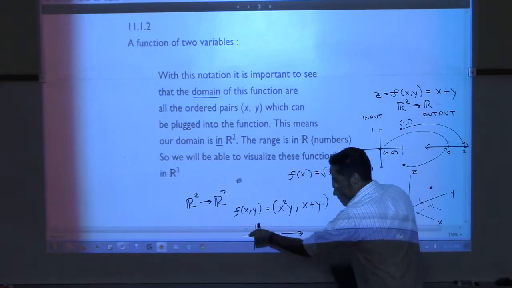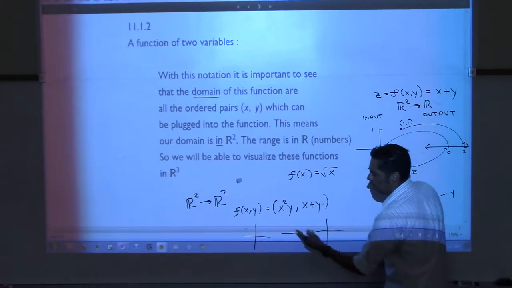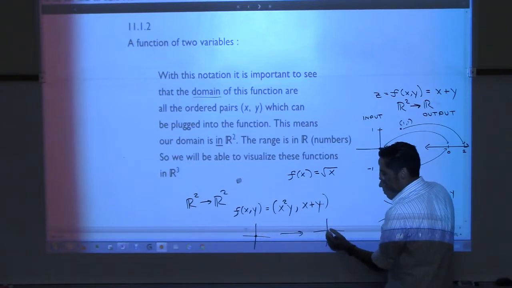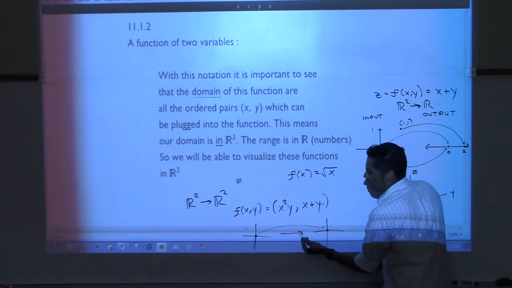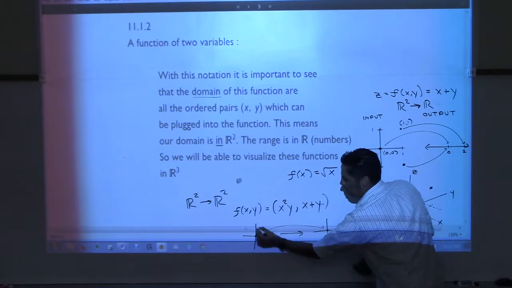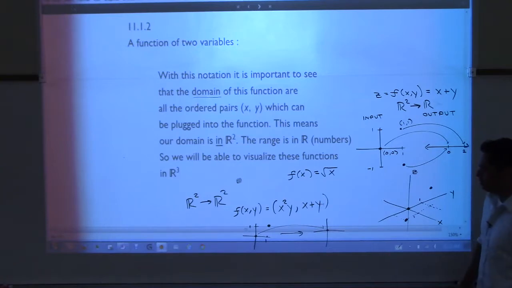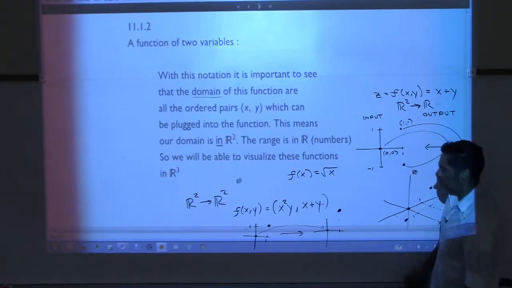And the output goes to R2 also, right? Like for example, if I plug in 0, 0, it's going to spit out 0, 0, isn't it? So it's going to be right here. That one goes to here. But what if I plug in 1, 1? Where does that point go to? It goes to 1, 2. Right here. You see that?